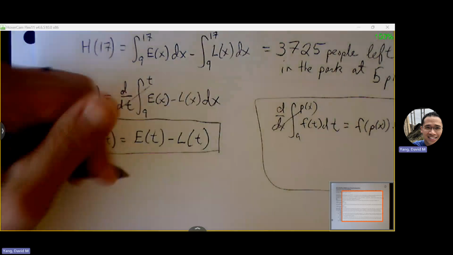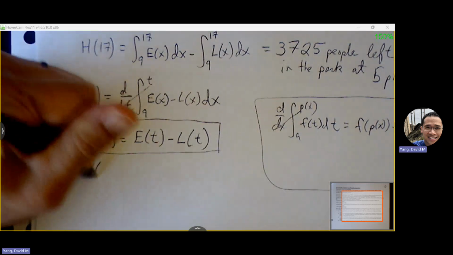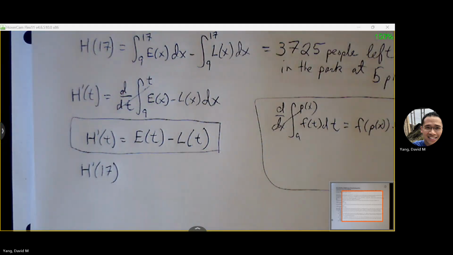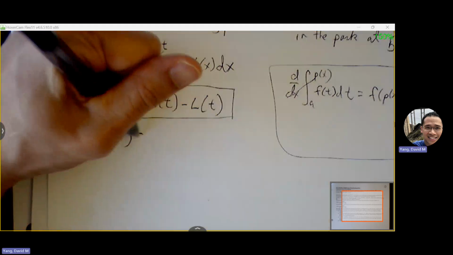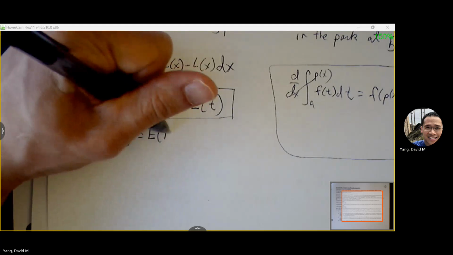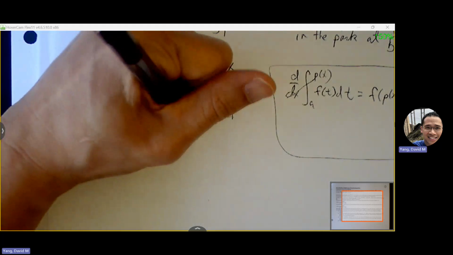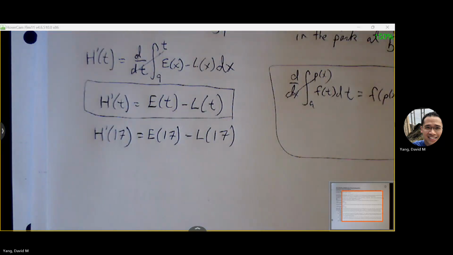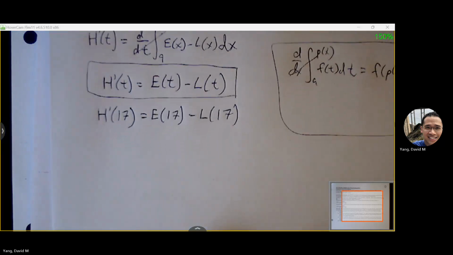So if I want to find h prime of 17, then it's simply e of 17 minus L of 17. Okay.